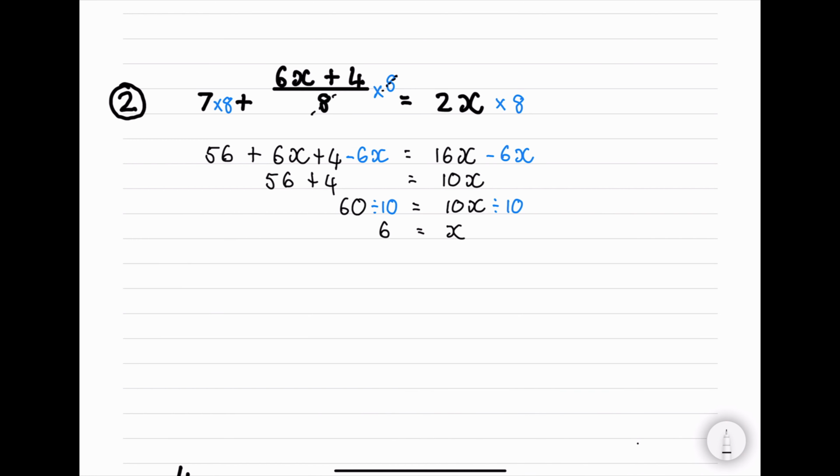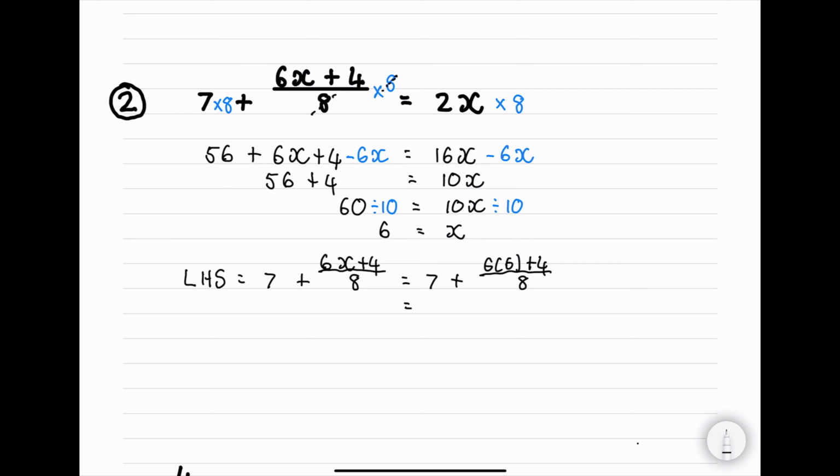is x. So now we can backtest it again. We can say left hand side is equal to 7. I'm just going to rewrite everything again. And now you plug your x value in, which you got as 6. So it's 6 times 6 plus 4 over 8.